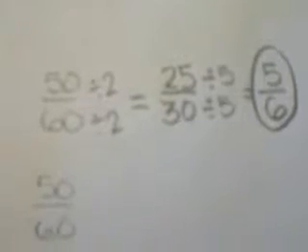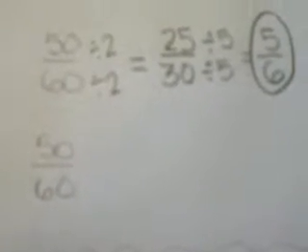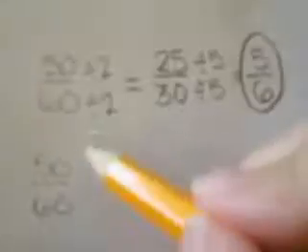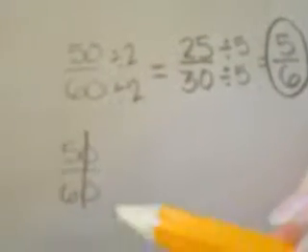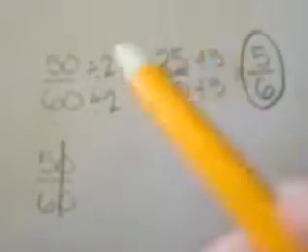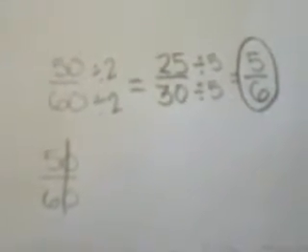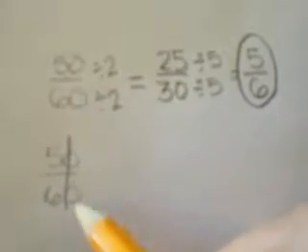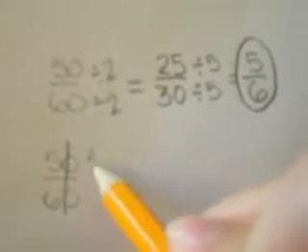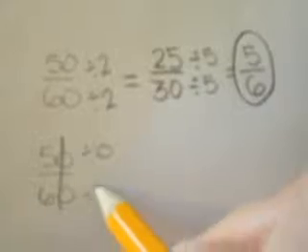We've talked a couple times about zero tricks, and if you have a fraction that ends with 2 zeros, you can just cross them off, and we're left with 5 over 6. The same answer we got by dividing by 2 and then by 5. The reason you can do this is because if any number ends in a 0, it's automatically divisible by 10.